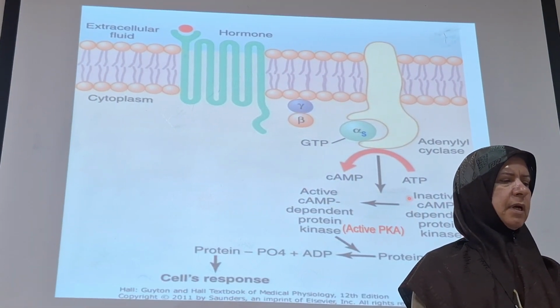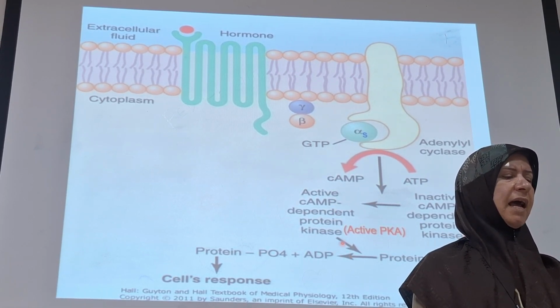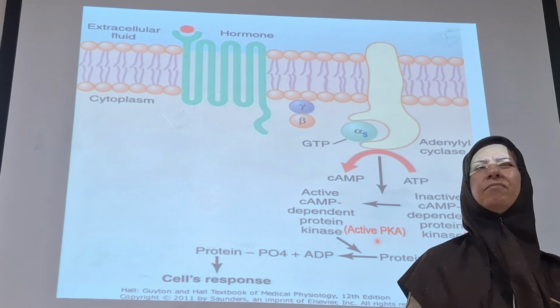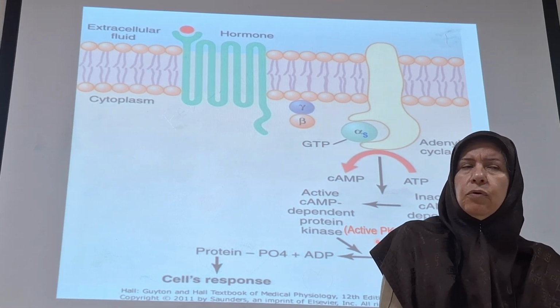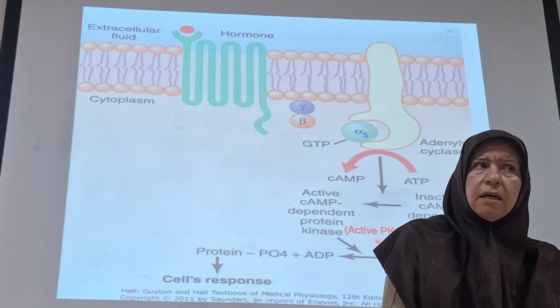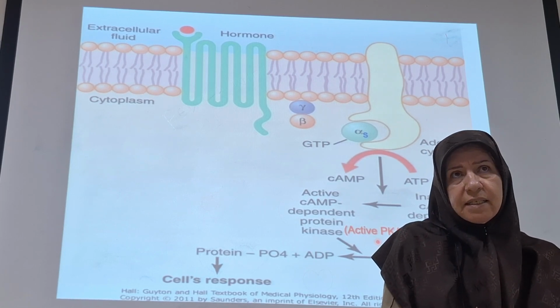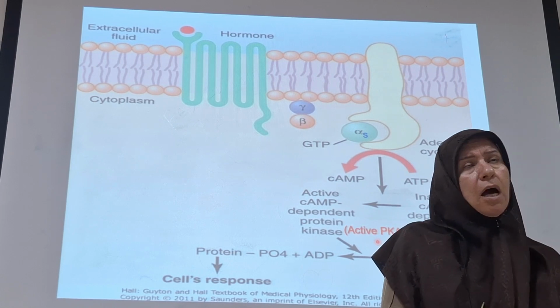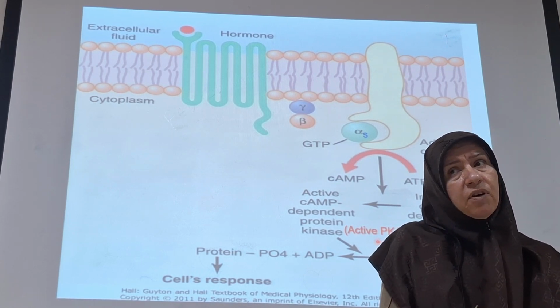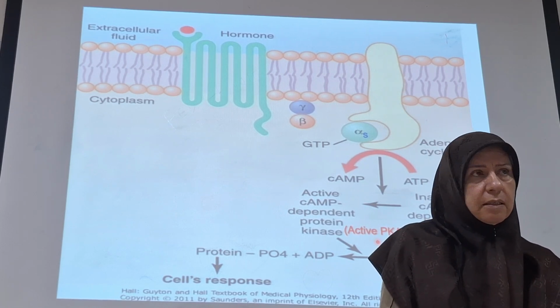Protein kinase phosphorylates proteins, while tyrosine kinase phosphorylates tyrosine.